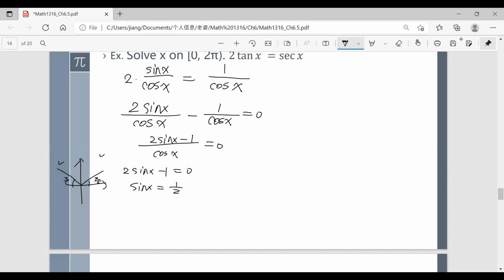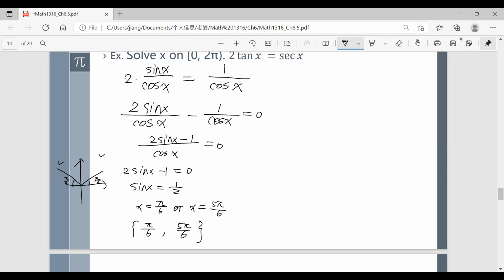So x equals pi over 6, or x equals 5 pi over 6. And also cosine pi over 6 and cosine 5 pi over 6 are not 0, so they satisfy the condition that cosine is not 0. That means these are solutions for x: pi over 6 or 5 pi over 6.